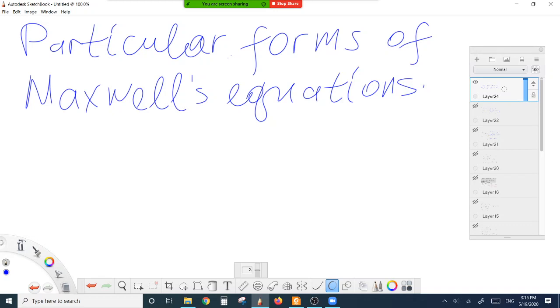However, more often there is no need to use the general equation, or there is no need to resort to the general system. For example, sometimes we may need to solve the equations at low frequencies.